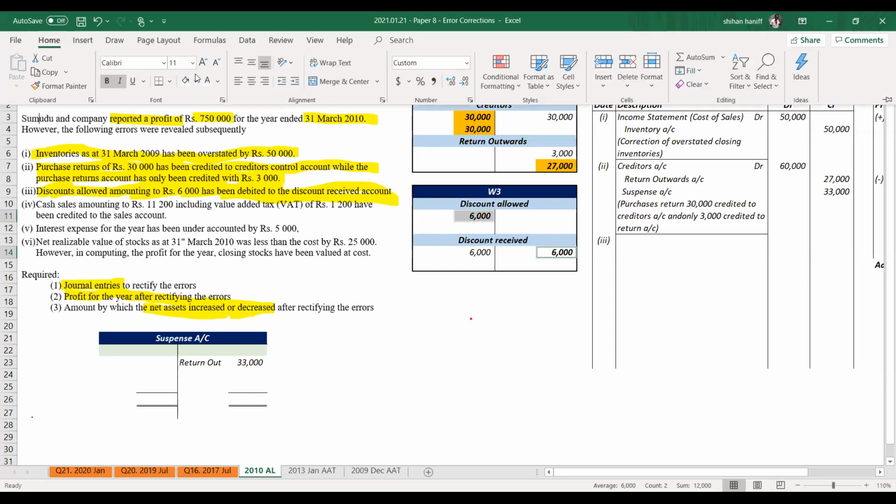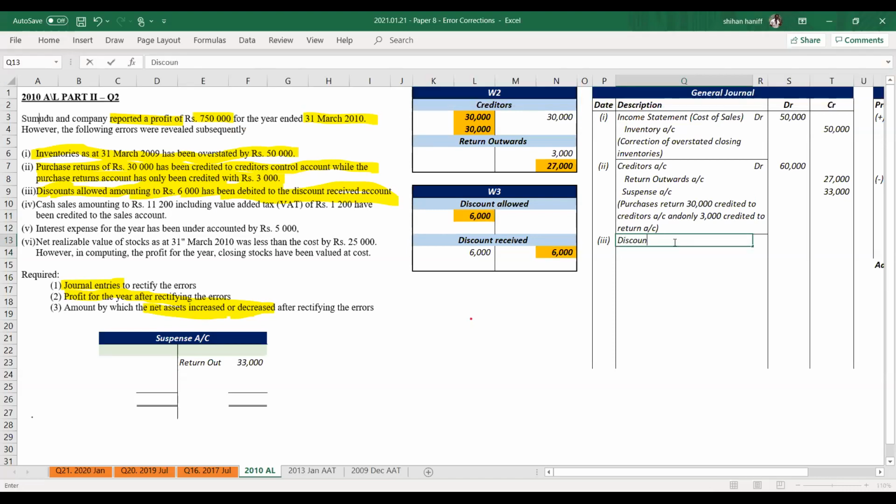So the correction entry, discount allowed is debit, discount received is credit, $6,000. Correction of discount allowed debited to discount received.